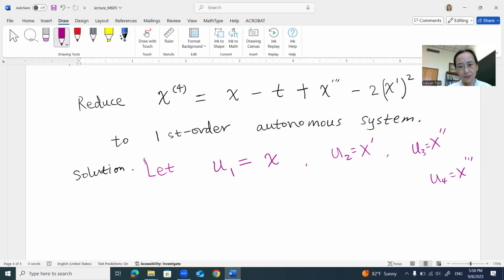So with that, we can discover that U1, U2, U3, U4 are related, right? Because U1's derivative is equal to U2. U2's derivative, that means derivative with respect to t, will be U3.